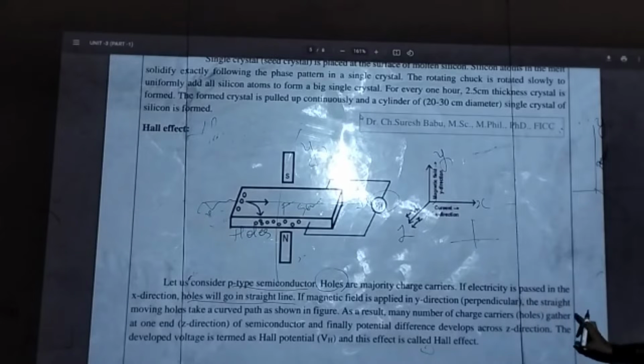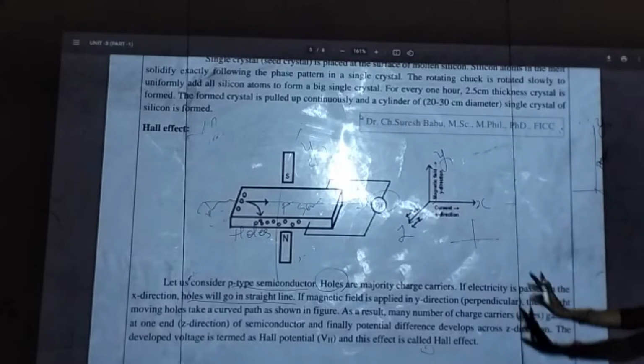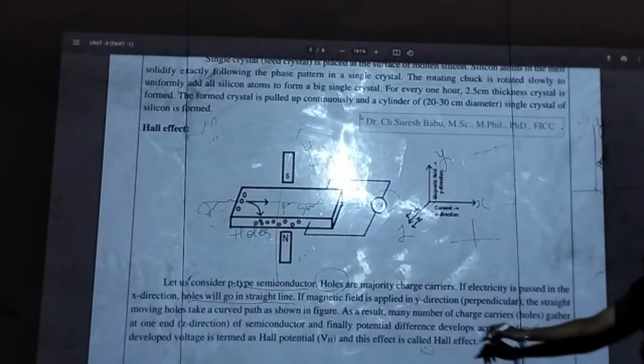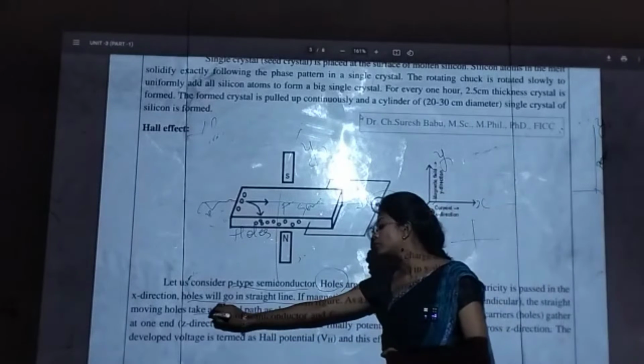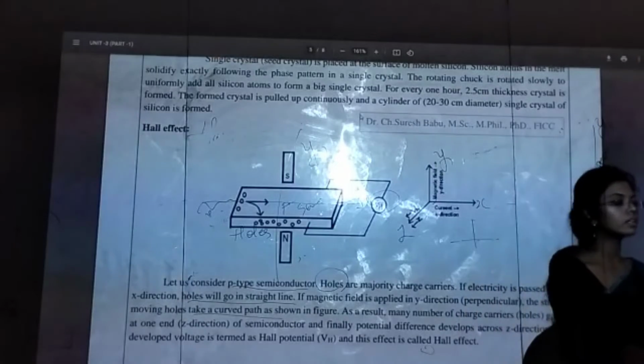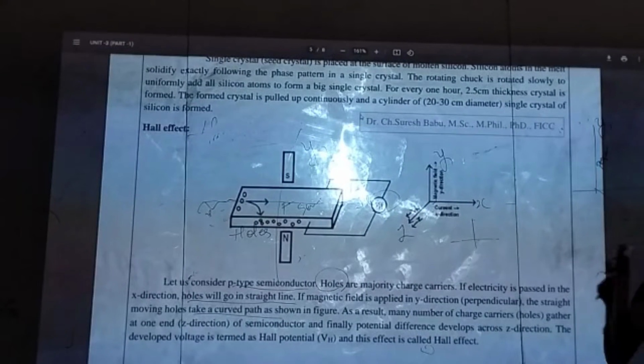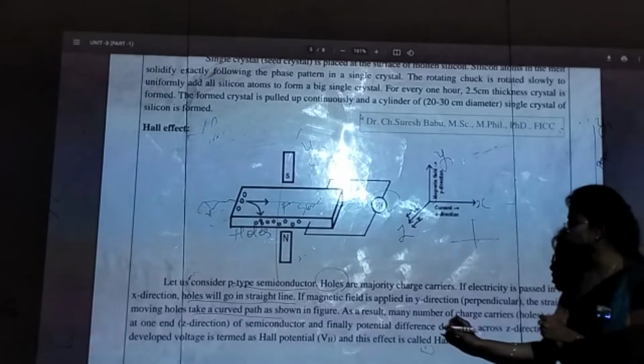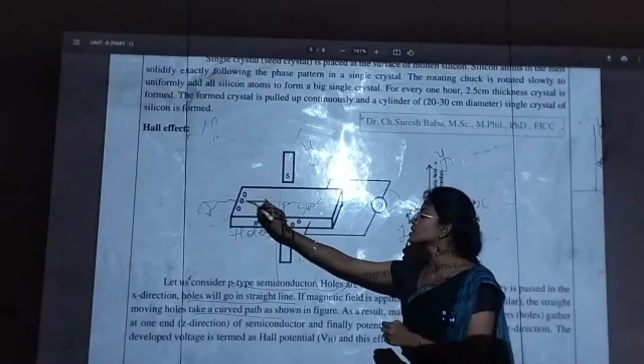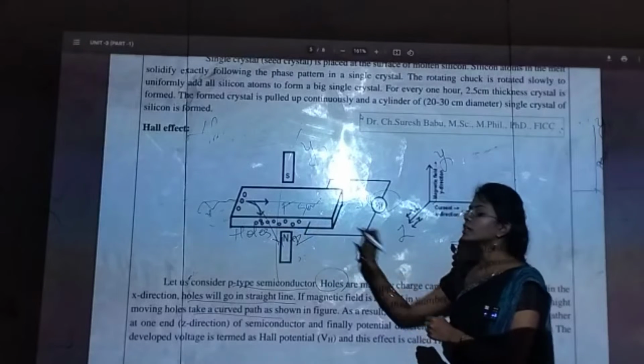The straight moving holes take a curved path. Before applying the magnetic field, my holes are going in a straight direction, that is the x direction. But when you apply the magnetic field, what happens? It takes a curved path or a deviation, in the Z direction.